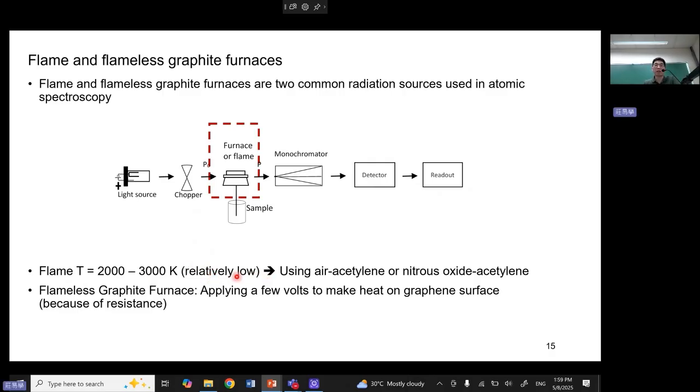And in the case of FAA, we use air acetylene, or nitrous oxide acetylene as the fuel. In the case of the flameless graphite furnace, you just apply a few volts to make heat on the graphite surface, and this is because of the resistance.